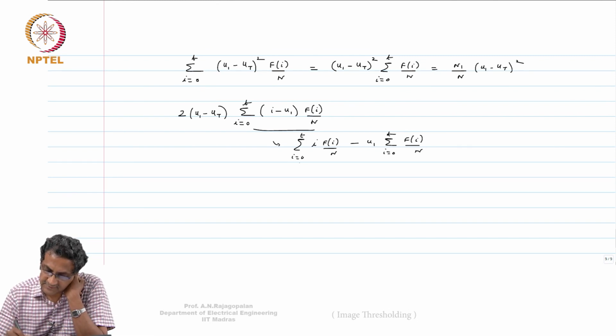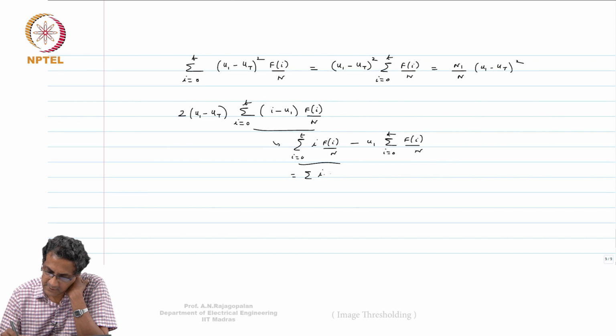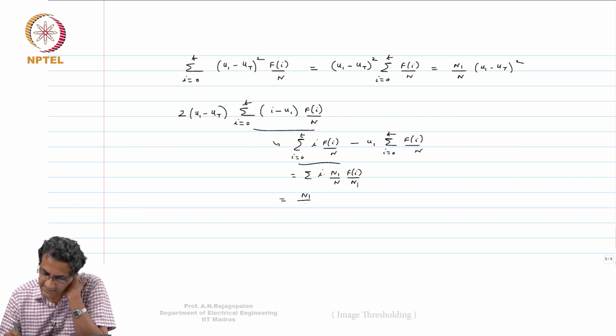Now, this is i into f of i by n, and this we can write as summation i into n1 by n into f of i by n1, which is equal to n1 by n into summation i into f of i by n1. This we know is mu 1 of t.